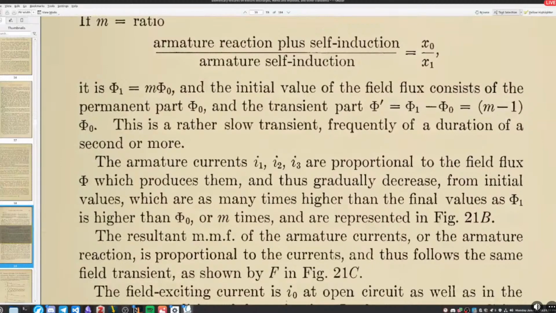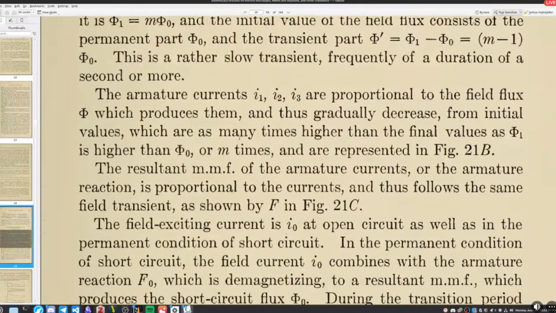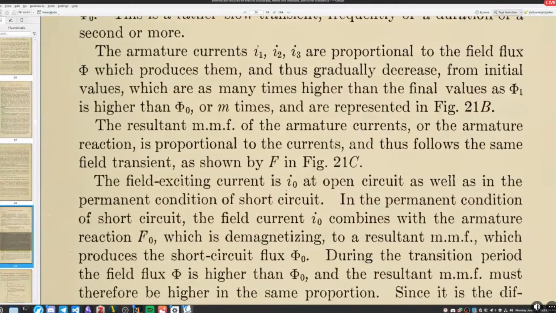This is a rather slow transient, frequently of a duration of 1 second or more. The armature currents I1 through I3 are proportional to the field flux phi which produces them, and thus generally decrease from the initial values, which are many times, or m times, higher than the final values, as represented in figure 21b.